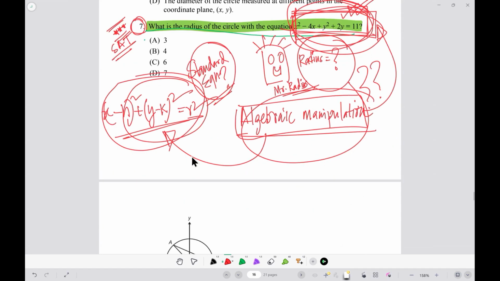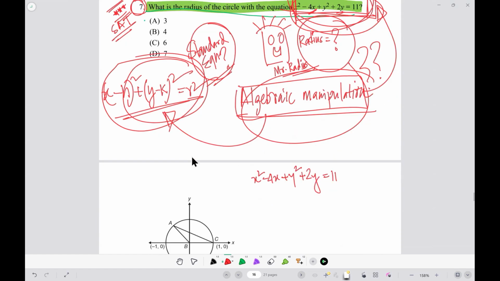Basically we have the x term and y term here, and you just need to make the x term look like a whole squared term and the y as a whole squared term. For an example, x squared minus 4x plus y squared plus 2y equals 11.